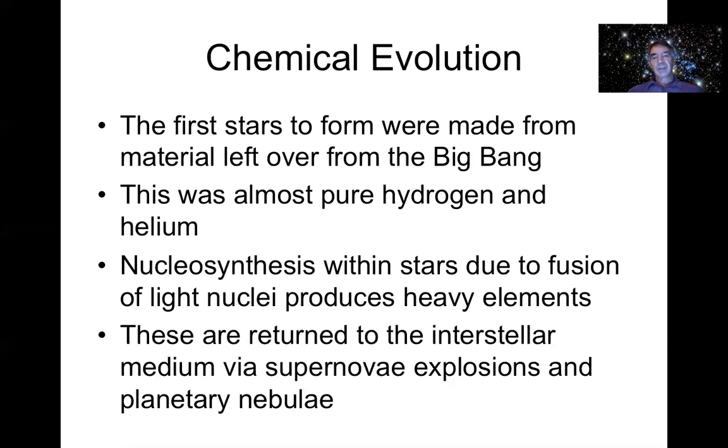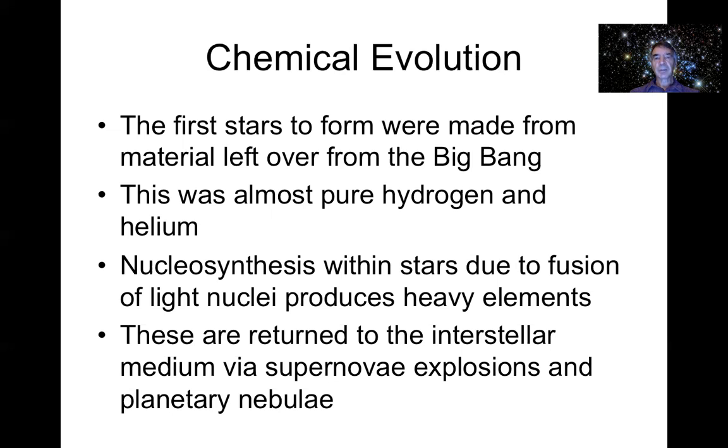But we have then seen that at the end of a star's life, whether it's a low mass star that ejects its envelope as a planetary nebula, or the much more explosive supernova explosion at the end of a massive star's life, both of those processes end up returning basically chemically enriched material back out into space.